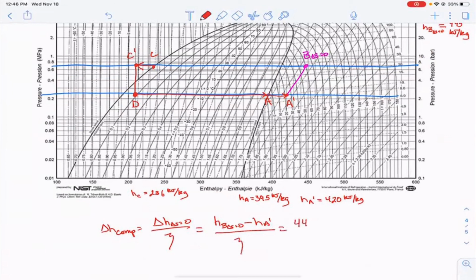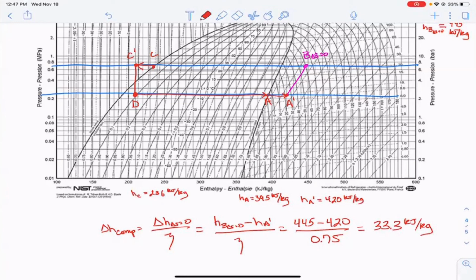And so that's 445 kilojoules per kilogram minus 420 kilojoules per kilogram, divided by the efficiency. And so that is equal to 33.3 kilojoules per kilogram.